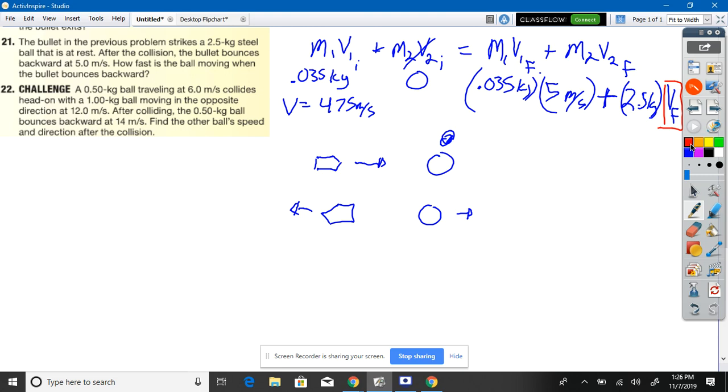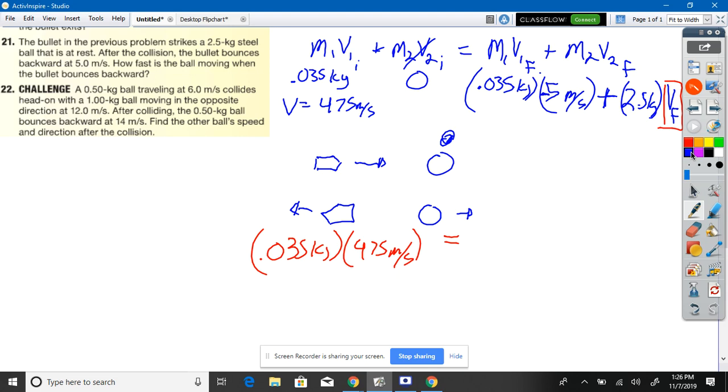0.035 kilograms times 475 meters per second equals. Now, hold on a second here, people. What did I forget? I forgot that this was a -5.